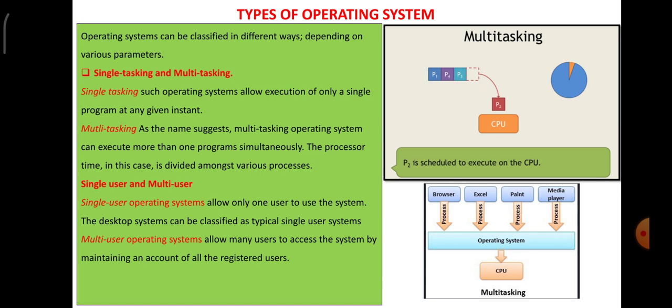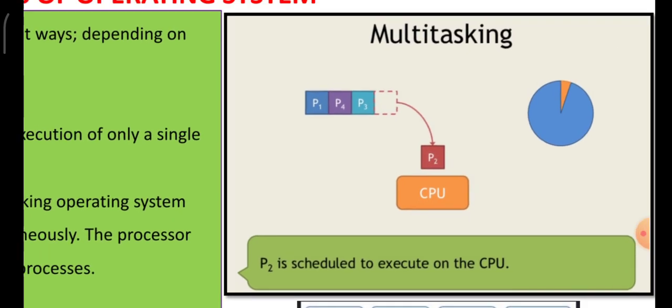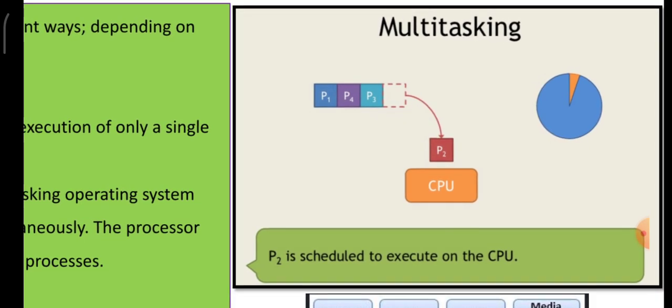But what is multitasking? As the name suggests, multi means many. I have clearly given you a picture on the right hand side. P1, P2, P3, P4 are nothing but programs. You can clearly see here P1, P4, P3 and P2. All these are programs, and the CPU is below.